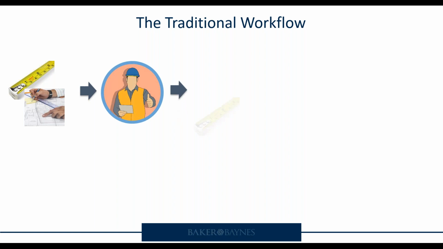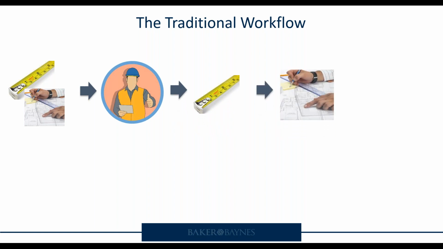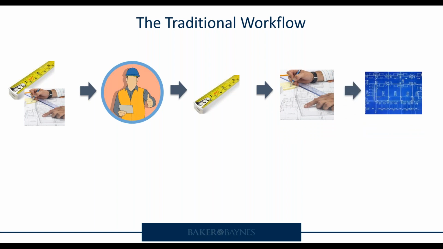Once the construction is complete, we have to re-measure what we've built, i.e. as-built capture. This will then need to be traced, so you take those same dimensions and trace them. I think the most difficult part is overlaying it onto the original blueprint. It is really complicated and very tedious.